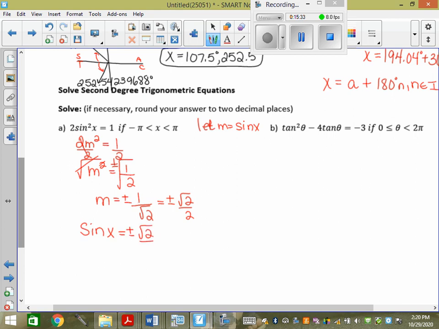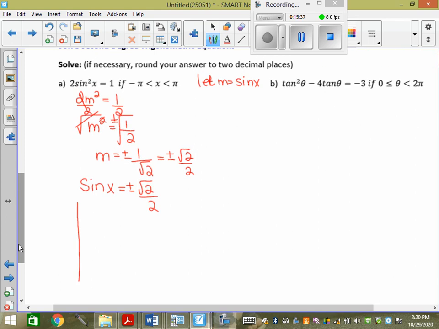So you have to remember to take the actual plus or minus signs because you're going to get it in every quadrant now. I actually have a solution at this 45, this 45, this 45, this 45. Every single quadrant I have an answer because CAST, this is where sine is positive in quadrant 1 and 2 and negative in quadrant 3 and 4, and it's plus or minus, right?